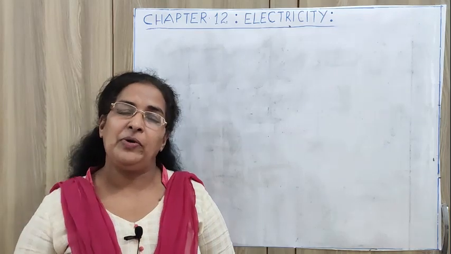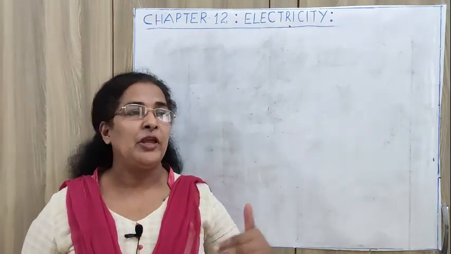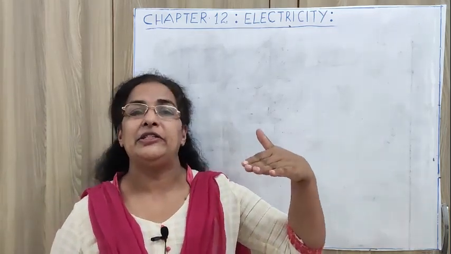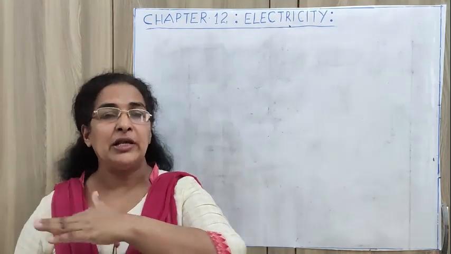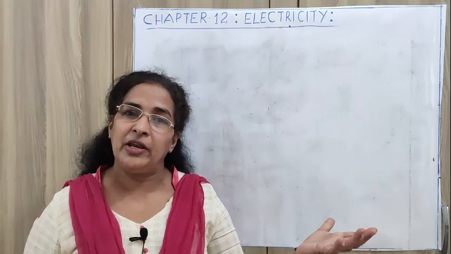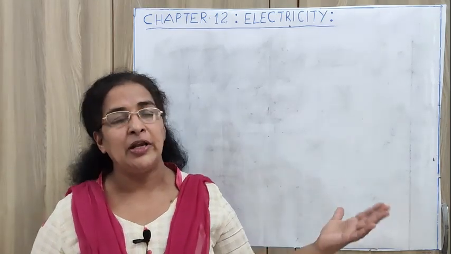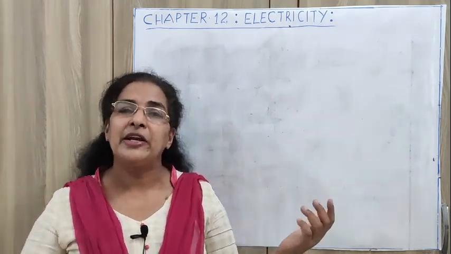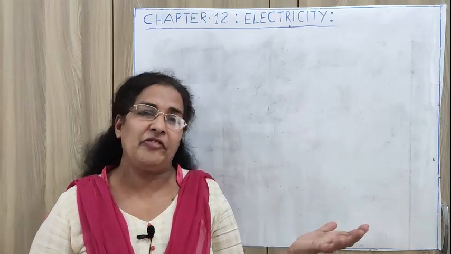And one more problem is there. Whenever electricity is passing through, some of the components may get heated up, so their properties may vary, or they may even get spoiled. So these are some undesirable consequences of the heating effect of current.